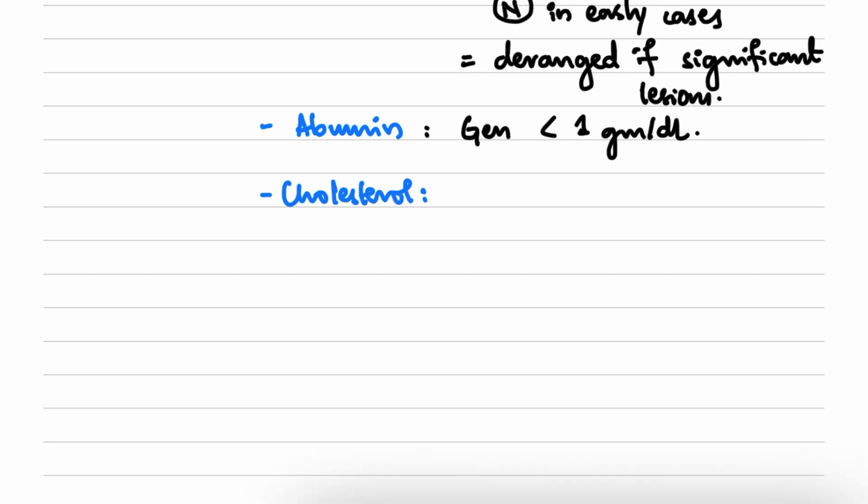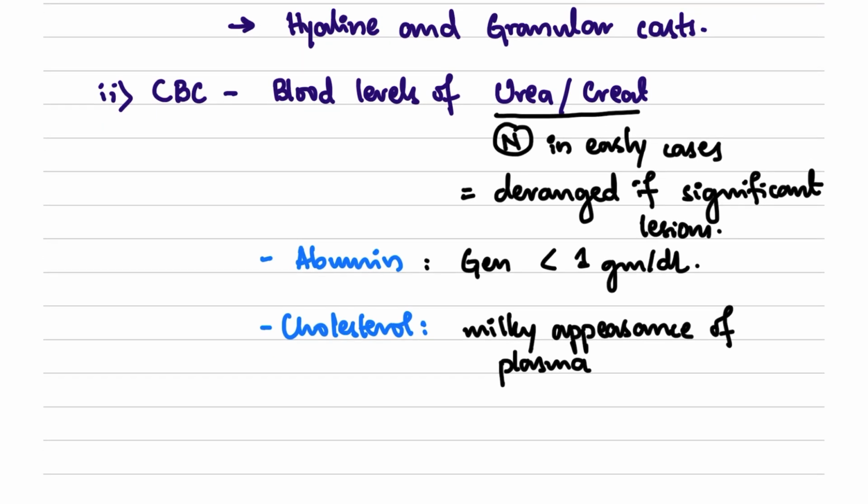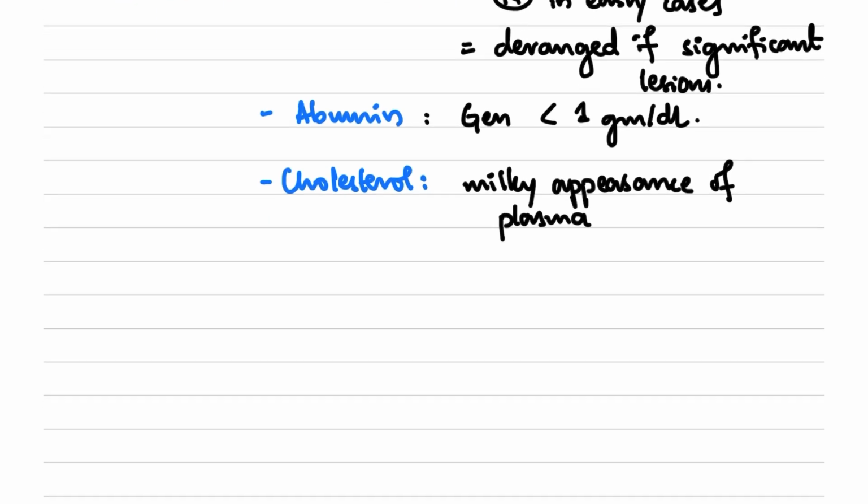Generally it is raised and the plasma will appear milky, so we see a milky appearance of plasma due to raised cholesterol levels. So this is what we see in CBC, RFT and LFT.